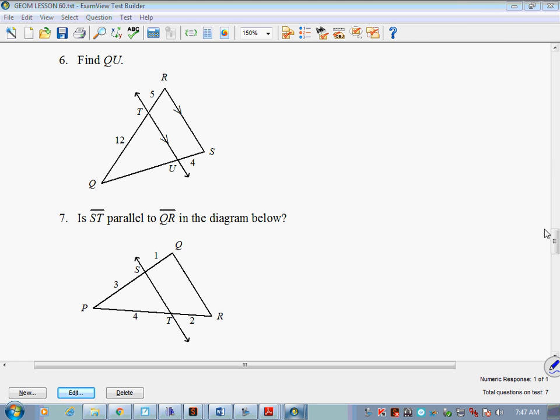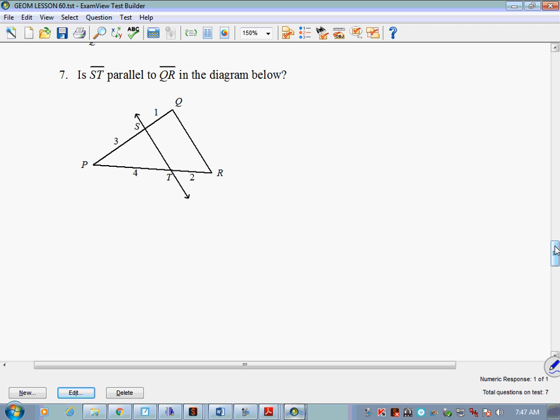Okay, let's come down to number 7. I think this is our last question. I feel like these are all fairly easy. The question here is segment ST parallel to QR in the diagram? The way to check that is to see if it divides the triangle proportionally. So is 3 over 1 equal to 4 over 2?